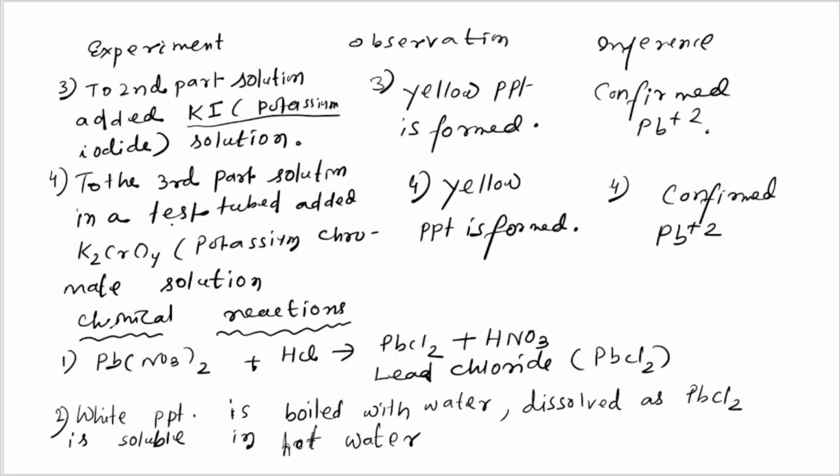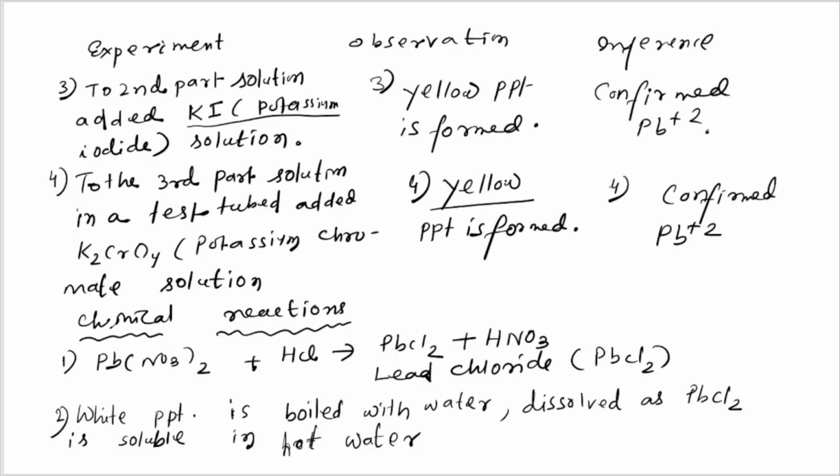Then the third part is also there. To the third part, add potassium chromate. What is the formula? K2CrO4. You know the color of potassium chromate? It is colorless. Potassium dichromate is orange, whereas potassium chromate is colorless, but immediately it forms a yellow precipitate.